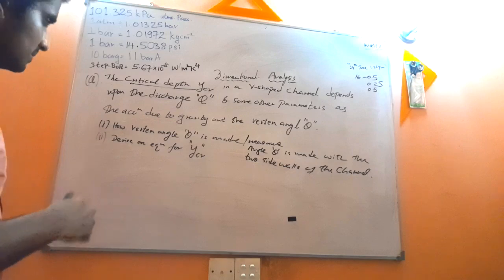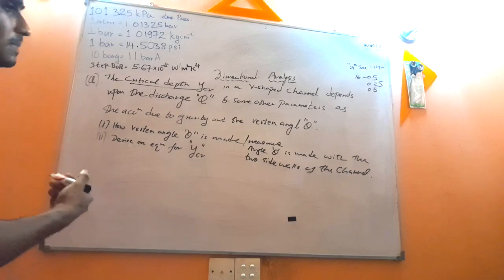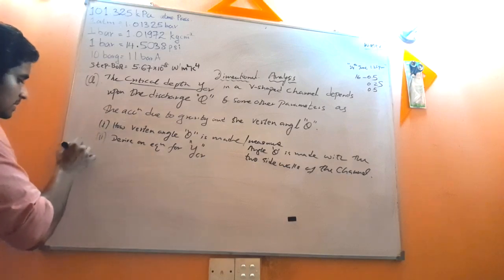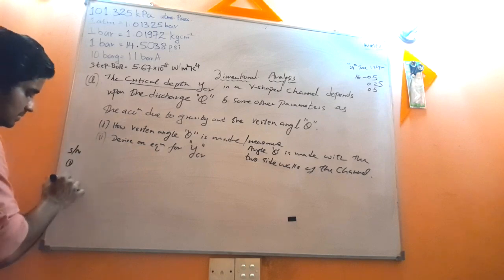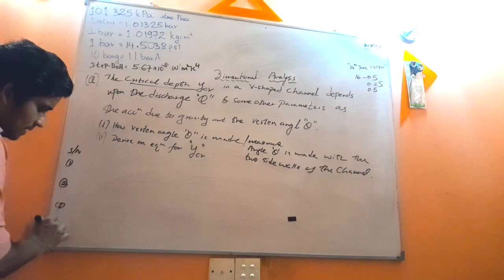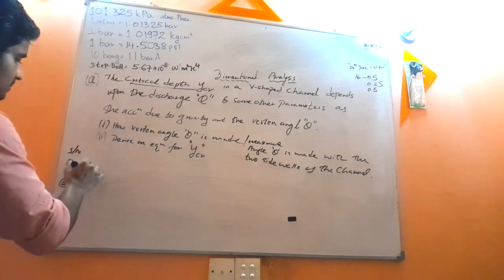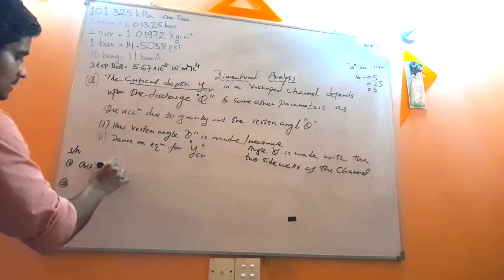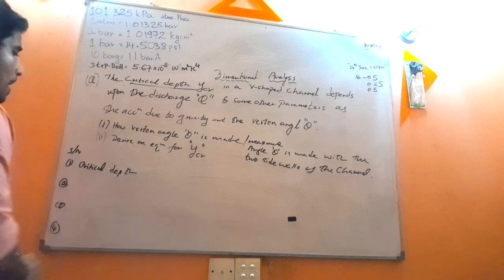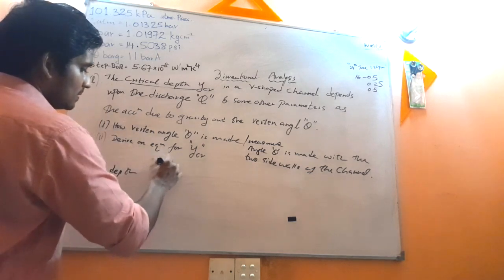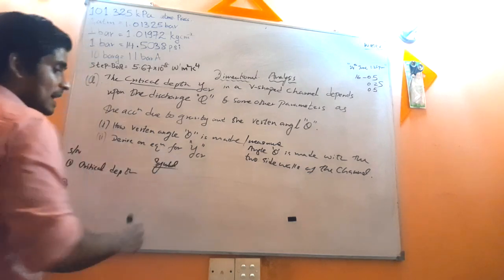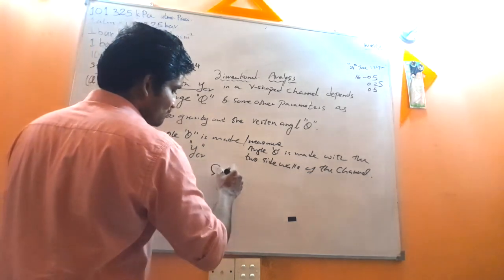Let's first write the basic parameters. Let's put serial numbers 1, 2, 3 and 4. The first one is critical depth, and let's write the symbol and the dimensions.